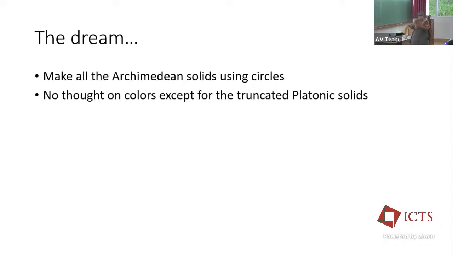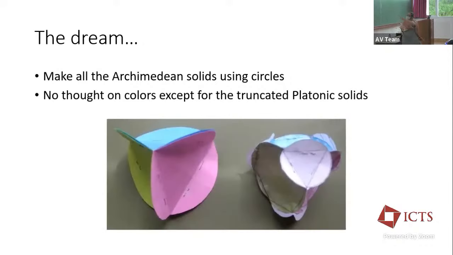So we knew if you do the truncation, then you will get 5 Archimedeans. Those have to be color coordinated, so the same color combination in the same order. But there are 13 Archimedean solids. What about the rest? So this is the picture of these two.